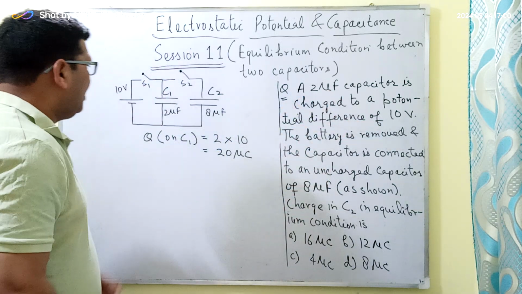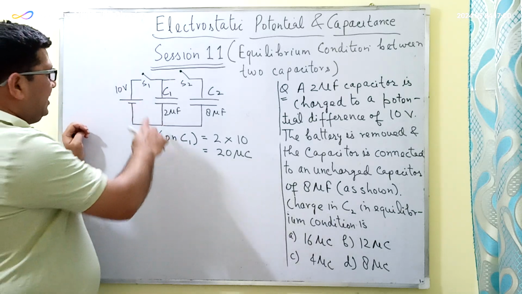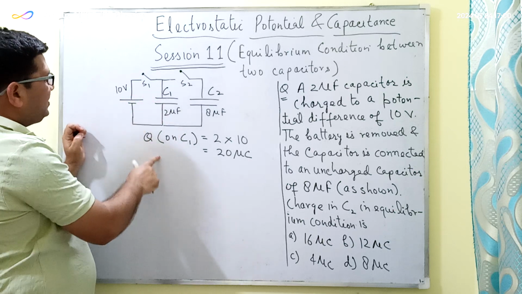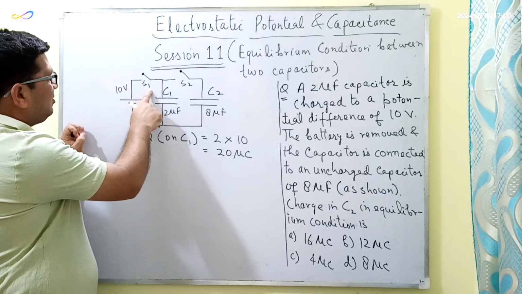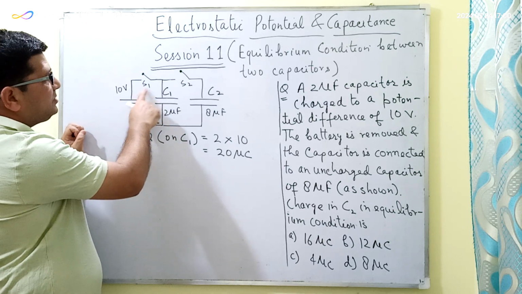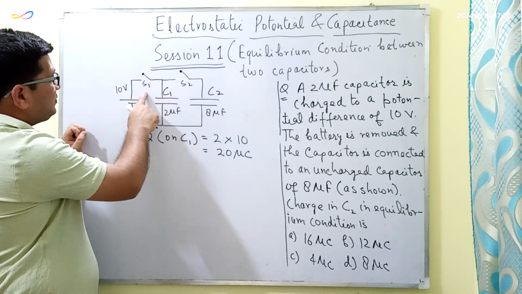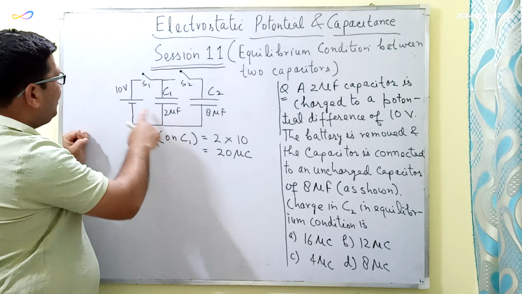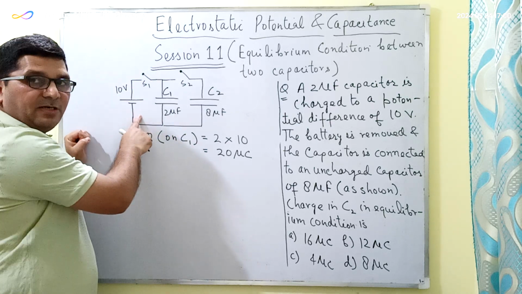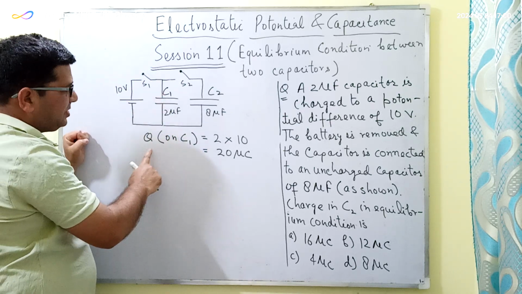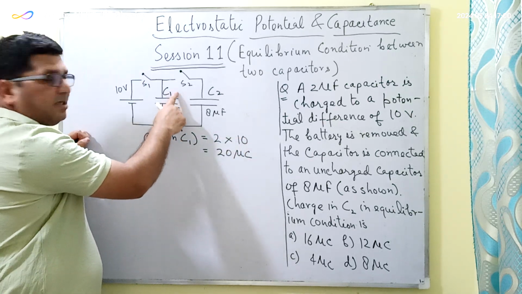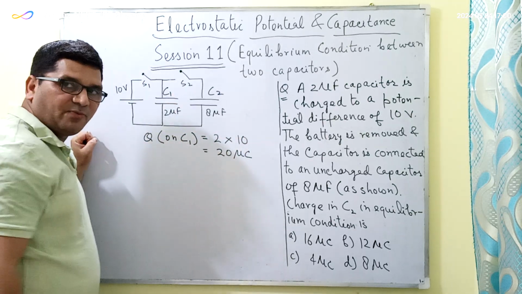10 volts. Now in this figure you can see that there are 2 switches. In the first case, this switch S1 is closed and S2 is open. When S1 is closed, the capacitor C1 will be charged to a potential difference of 10 volts, and the total charge on C1 will be equal to 20 microcoulomb.